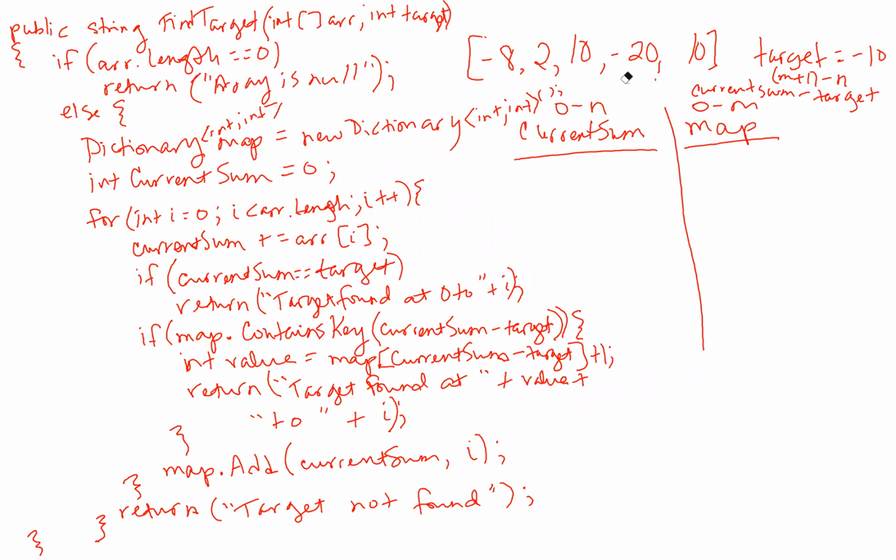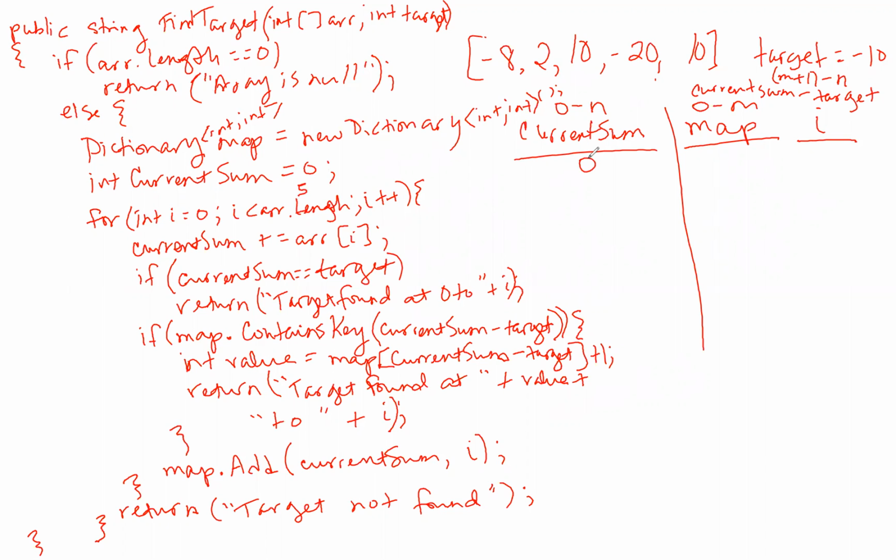Okay, so let's also keep track of i just to stay organized. And we know our array length is 5. Put a little note there. Okay, so first thing we do, if array.length equals 0, which it doesn't, otherwise we're going to go in, we're going to make our dictionary, and current sum is going to start at 0.